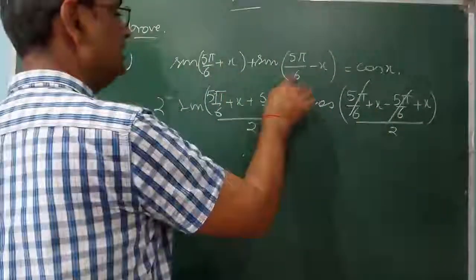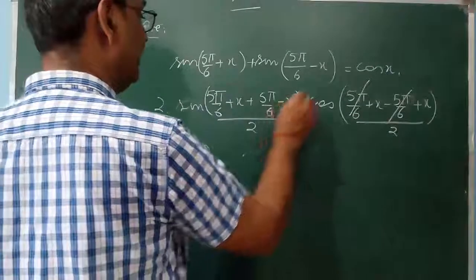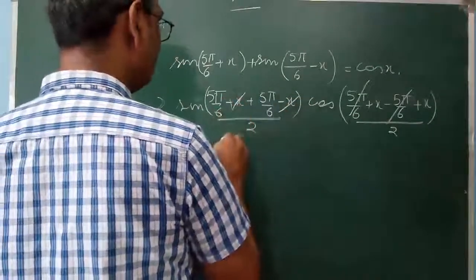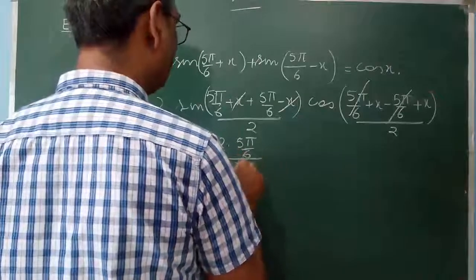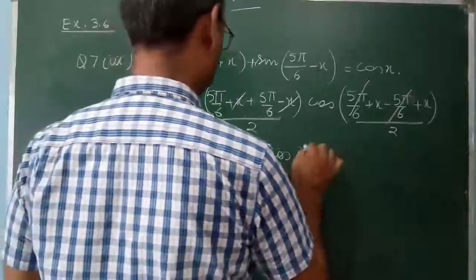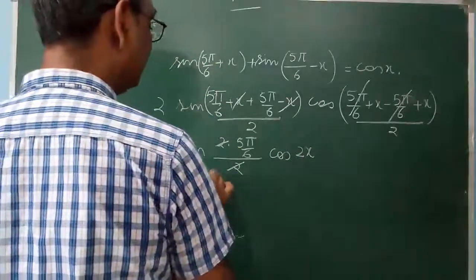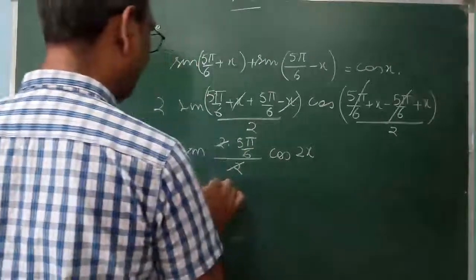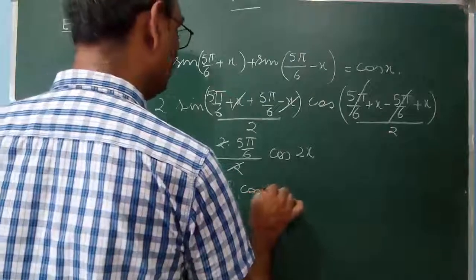Because this is sin C plus sin D, here x got cancelled. So 2 into 5 pi by 6 upon 2, this 2 and 2 will be getting cancelled. Cos 2x. What have we got? 2 sin 5 pi by 6 into cos 2x.